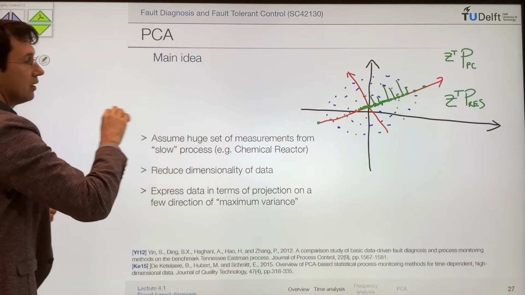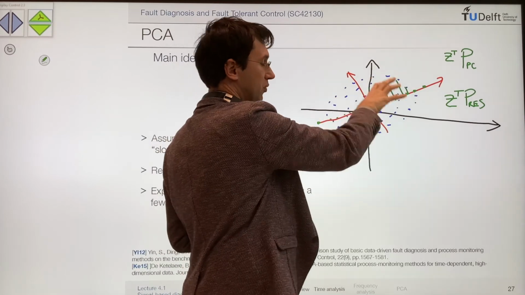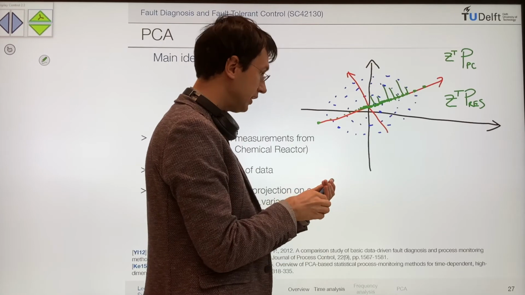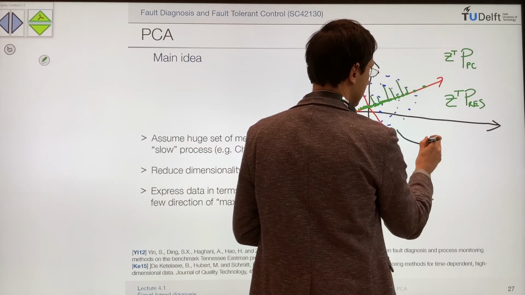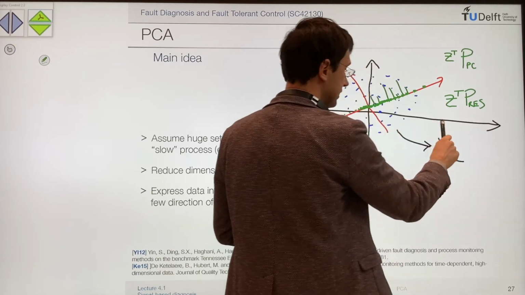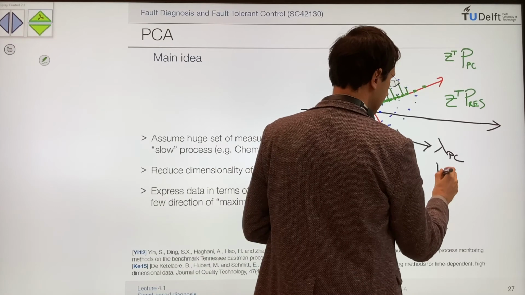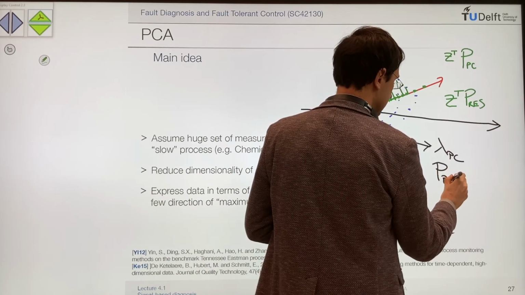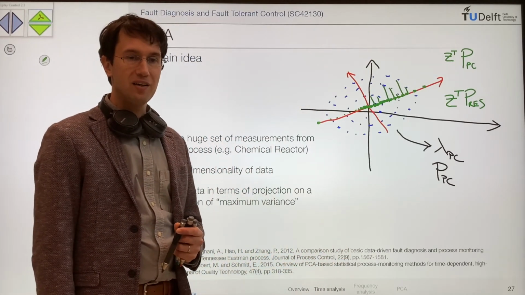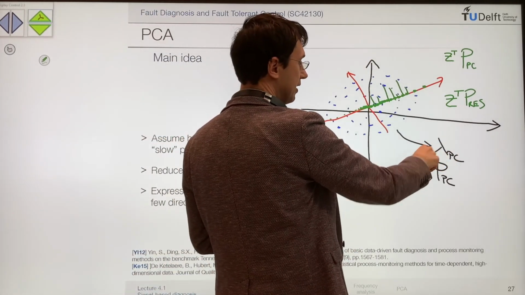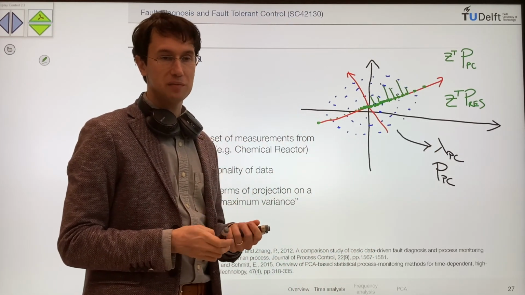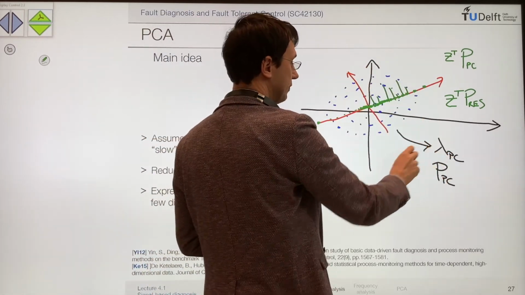That is, you take this cloud of points in nominal condition, and you get as an output the principal components, so the biggest singular values and the biggest singular vectors, the directions. But this is something that you do, let's say, at the beginning, when you tune the PCA to your system. So you take healthy data, you compute them.